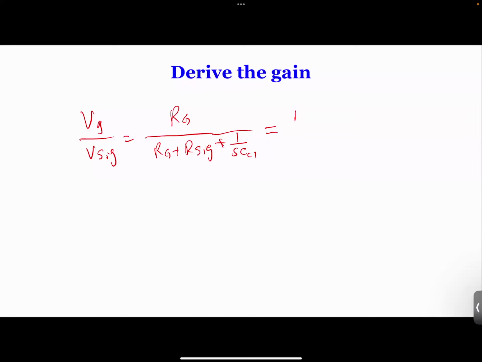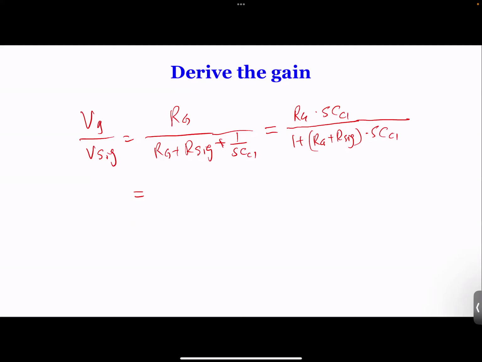We're going to get RG times SCC1 divided by 1 plus RG plus RSIG times SCC1. Okay. Now, remember from the beginning, what I talked about is we always write this into S plus something for low frequency. So we want to get the numerator and denominator both with S something.